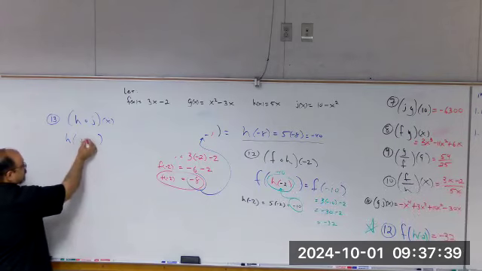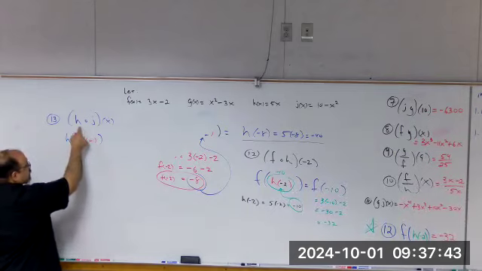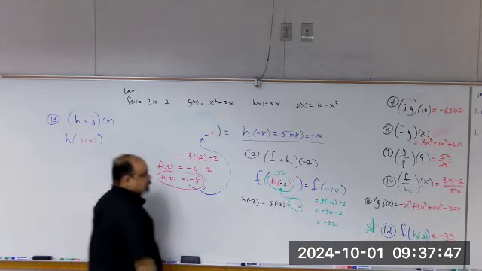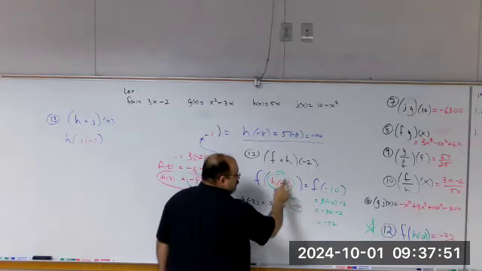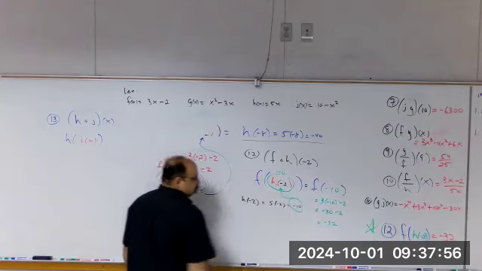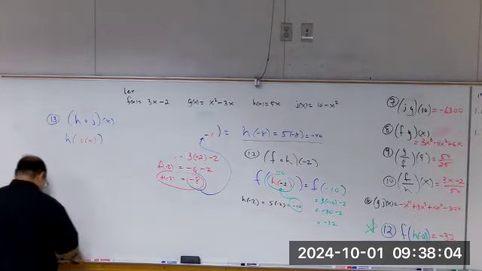J of X. What does this mean? It means this, just like over here. The first thing I did was just rewrite this notation as H of -2. I didn't do any substitution or calculations, so I just rewrote it. Now we'll go and figure out these things.